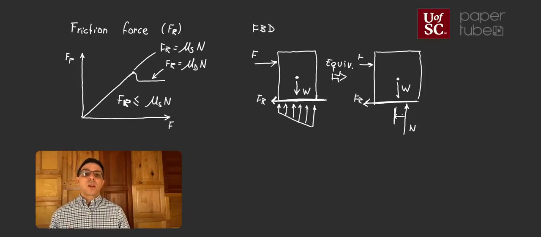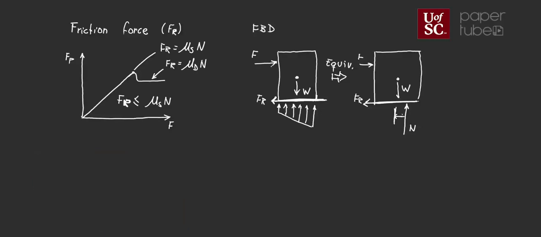And there is no way to know whether a box is sliding or tipping before we actually solve the problem. So we have to make an assumption, go through it, and see at the end whether or not my answer is correct. So we need to check our assumptions at the end of the problem. So how does that work?